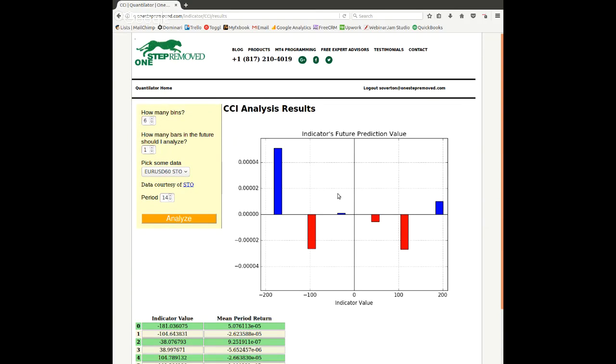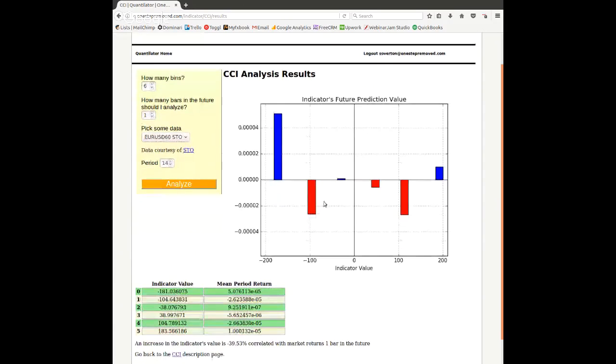Okay, but also there's no real pattern here. So do you guys remember when we were looking at the SB score, all of the bars were basically declining? That's a strong measurement of correlation. And with the SB score, the correlation between the indicator's value and the future returns was almost negative 100%. Basically, you want numbers either close to negative 100% or positive 100%. And in this case, it's only negative 39%, which is a very weak correlation.